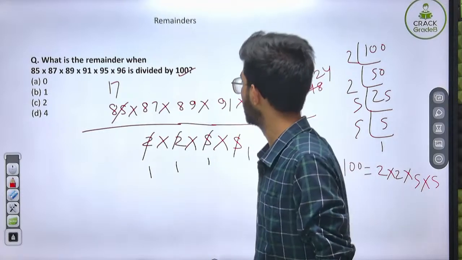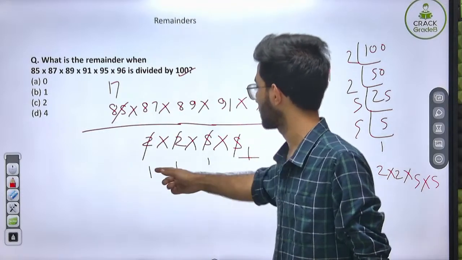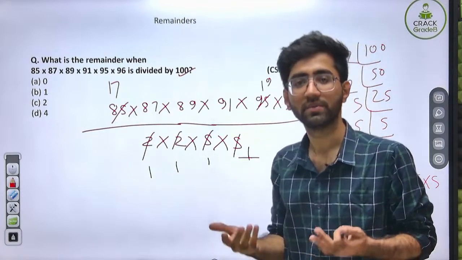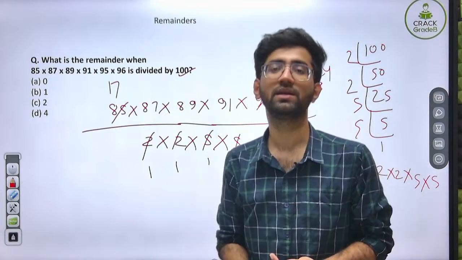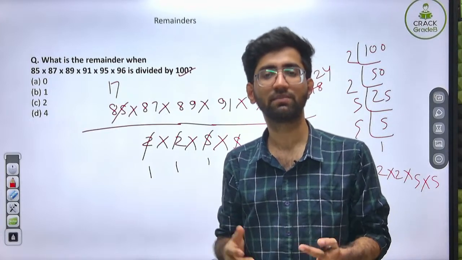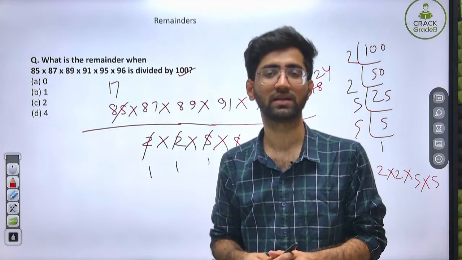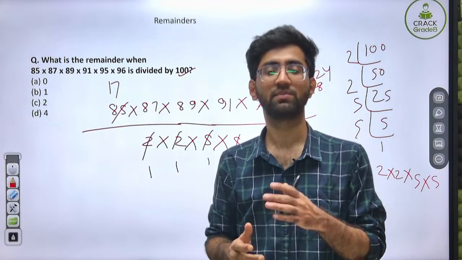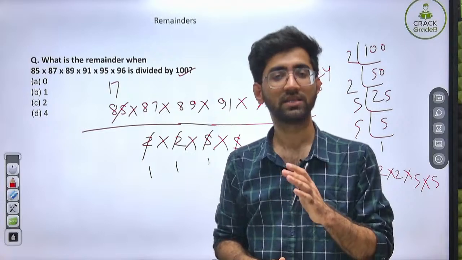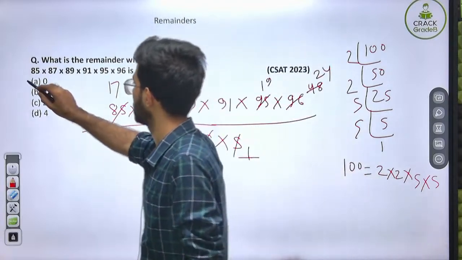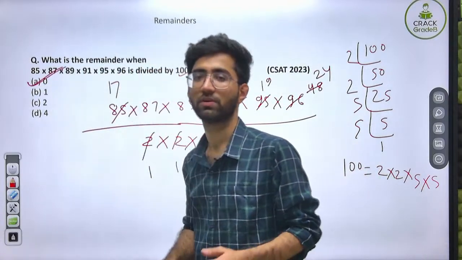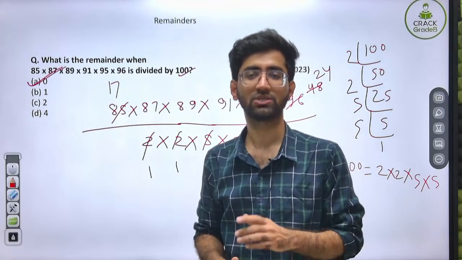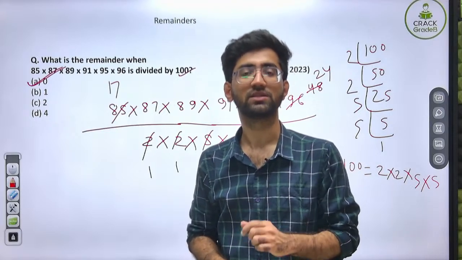We are able to divide this number completely by 100. If this number is completely divisible by 100, what does it mean? It means that the remainder is equal to 0. So the correct answer of this question is 0, right?